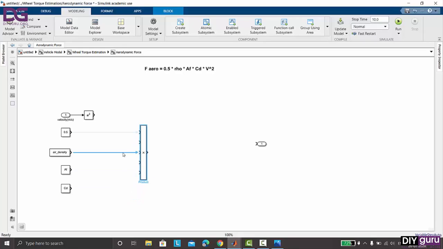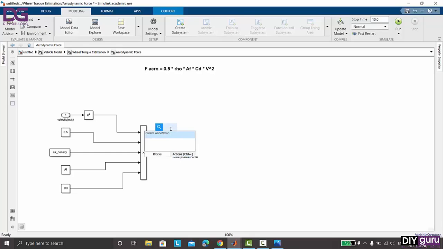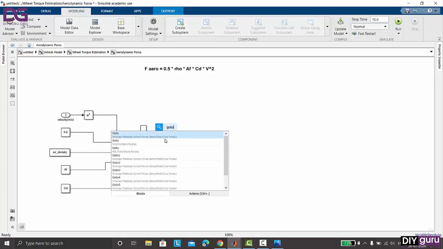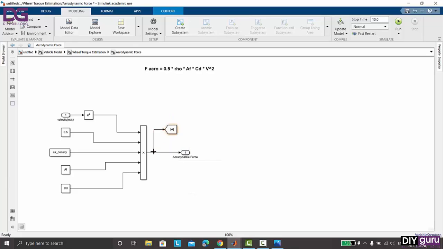Number of input as 5, connect them. This will be aerodynamic force. We need one go-to block and name it as aerodynamic force.